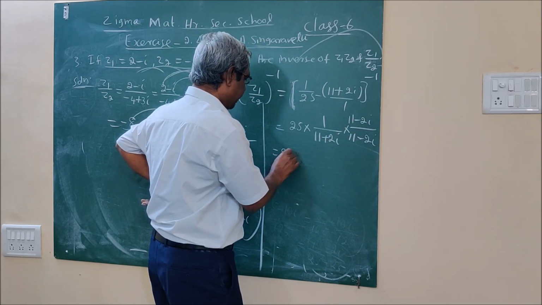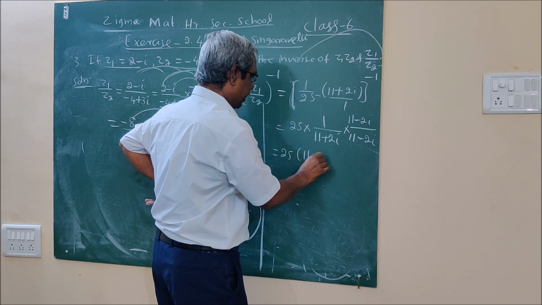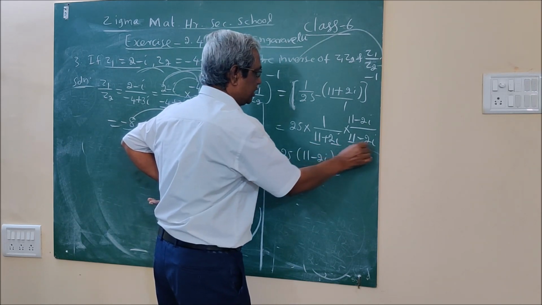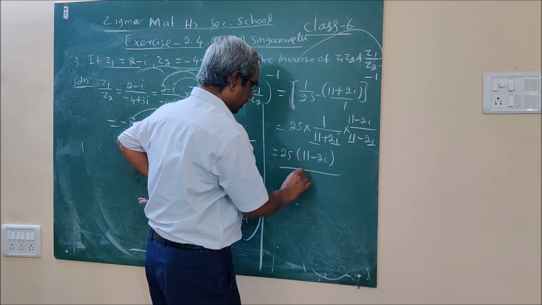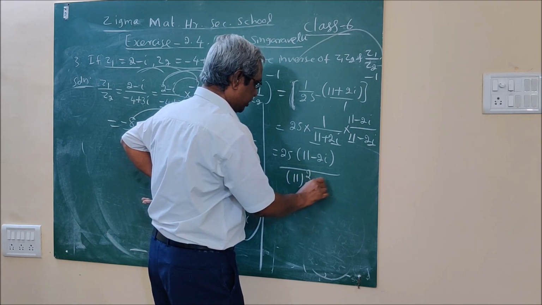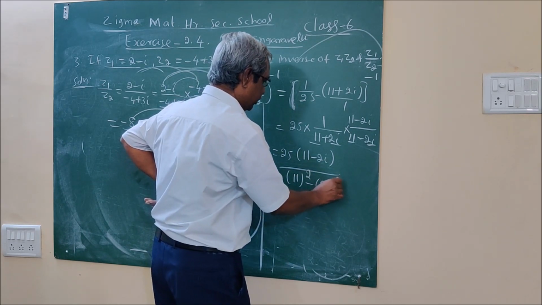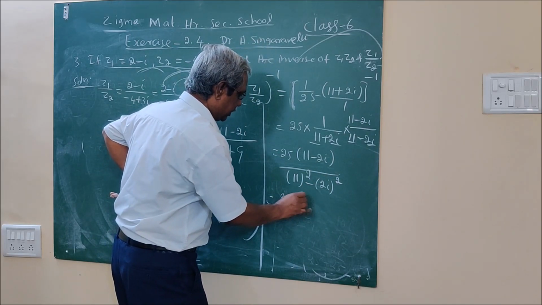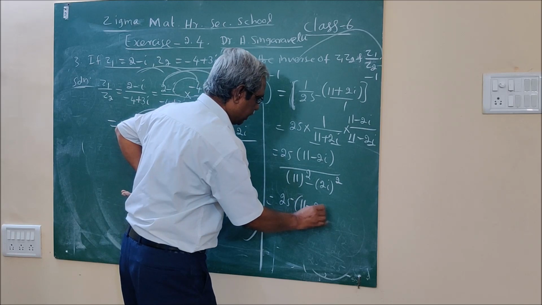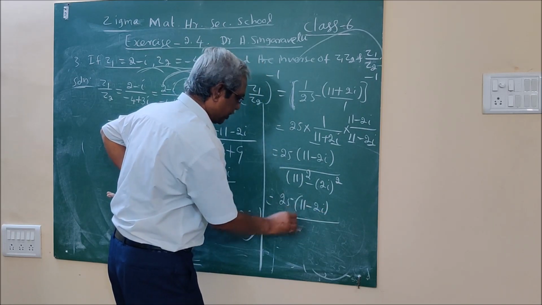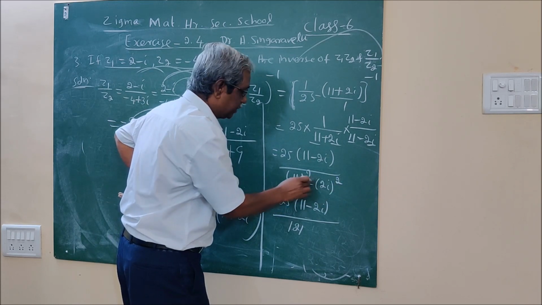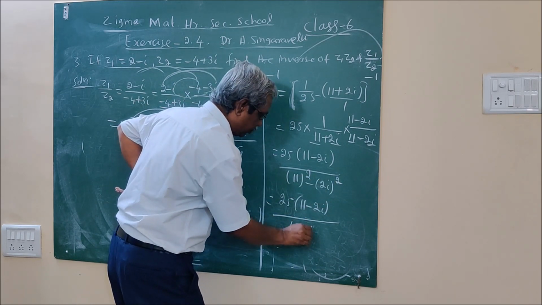So we get 25 into 11 minus 2i divided by a plus b, a minus b: a square, 11 square, minus b square, 2i whole square. This is 25 into 11 minus 2i divided by 11 square is 121. i square is minus 1, minus into minus plus 2 square is 4.